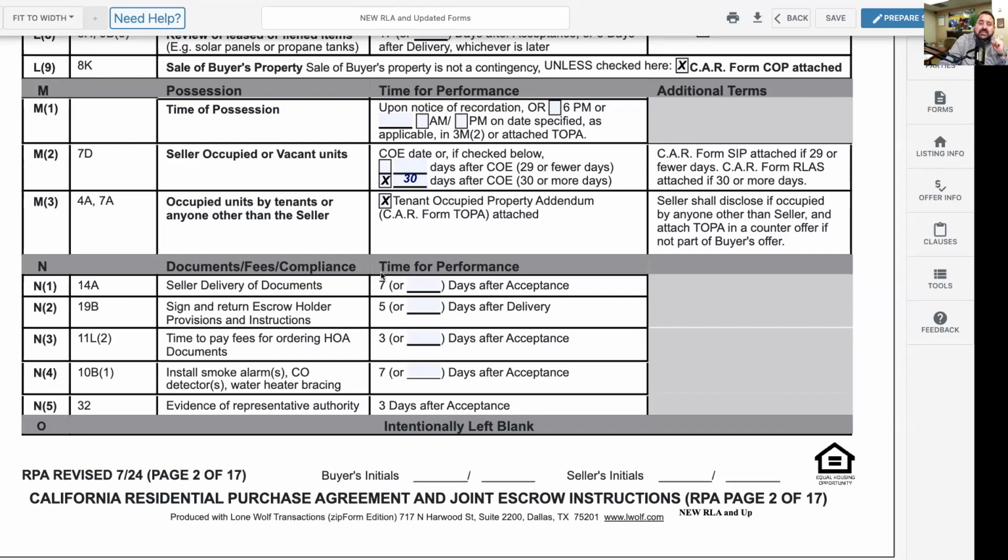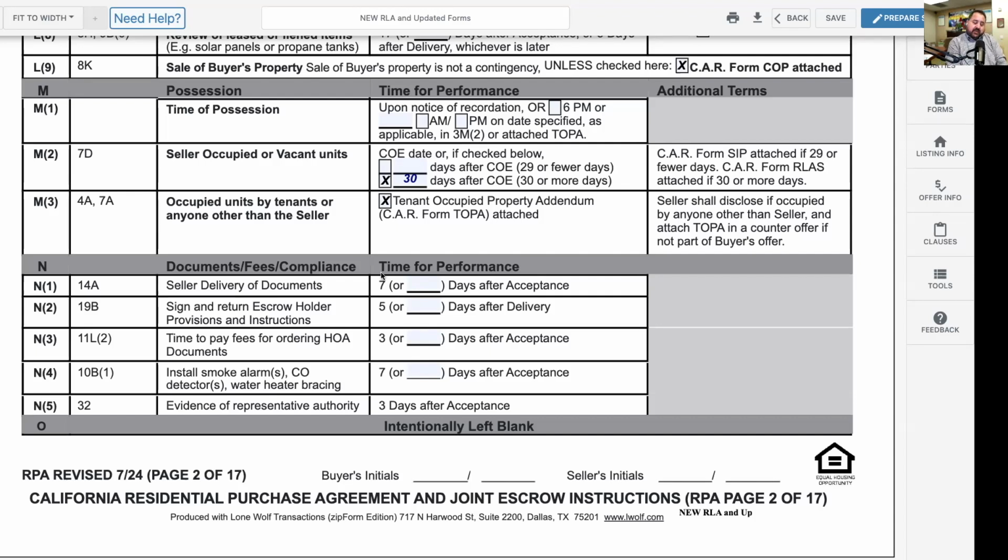Now, if the seller is late, if the seller delivers those documents anytime after day 7, so you get them all on day 8, everything that they're supposed to review, or you've gotten everything prior, but there's one document that they deliver late, on day 8. Now I have 5 days after the delivery of that document if it exceeds my contingency period time, right?